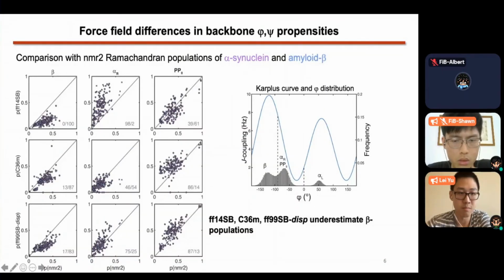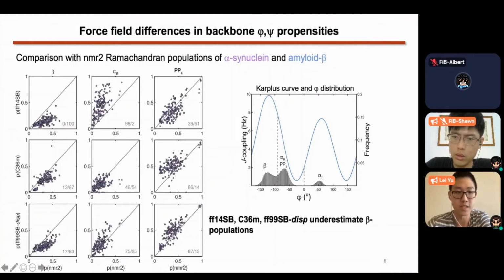There are two numbers in each figure. They are the percentages of the data points above and below the diagonal. For Amber 14SB, 100% of the beta population is underestimated when compared to NMR2. In general, that's true for CHARMM36M and 99SB-disp also.